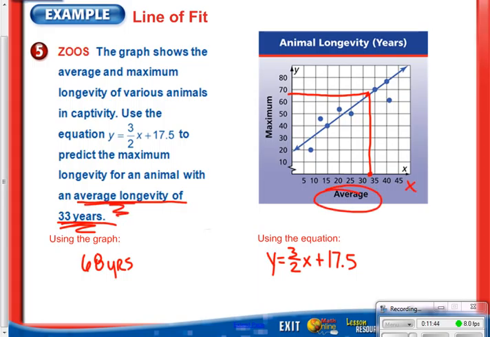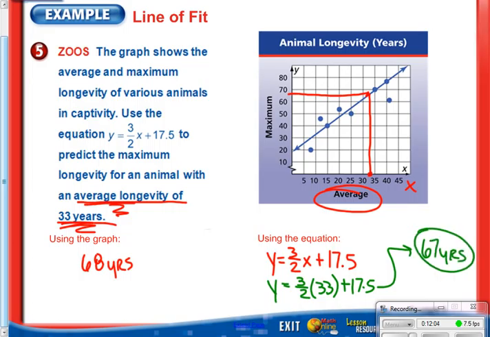So I'll say y equals 3/2 times 33 plus 17.5. Do your computation and you figure out that y would be equivalent to 67 years. So we're close using the graph, but obviously using the equation is exact. This will conclude 9-9 scatter plots.